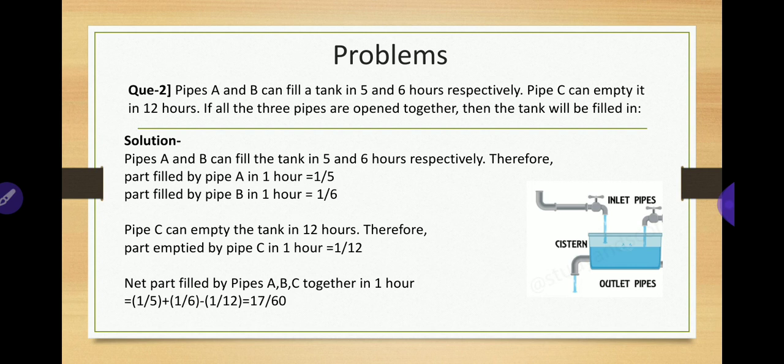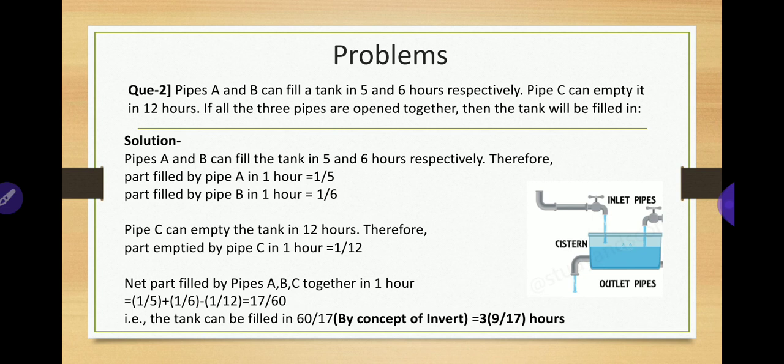This is the part filled by all three pipes in 1 hour. We have to take the inversion of this, by the concept of invert, that is 60 by 17. This will be the time required to fill the tank completely, and that is 3 complete hours. 9 by 17 hours will be the answer.